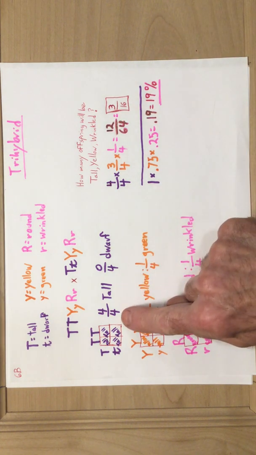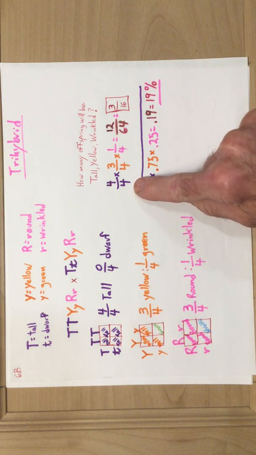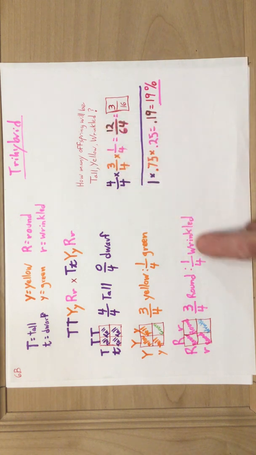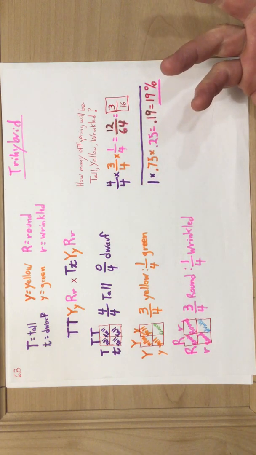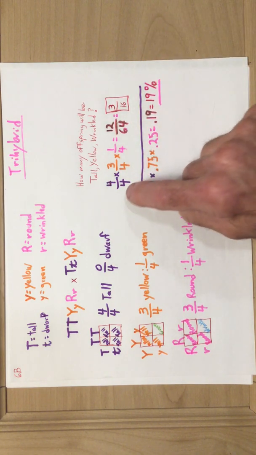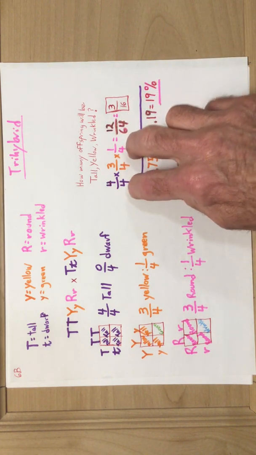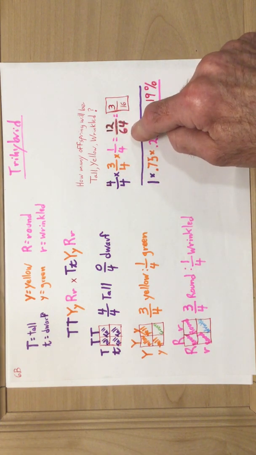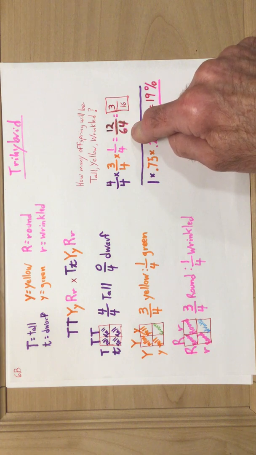Well, 4 out of 4 of them are going to be tall. 3 out of 4 of them are going to be yellow, and 1 out of 4 of them is going to be wrinkled. Okay, so all I have to do is multiply those together, and the individual probabilities multiplied together gives you the collective probability of all of those 3 things happening together.